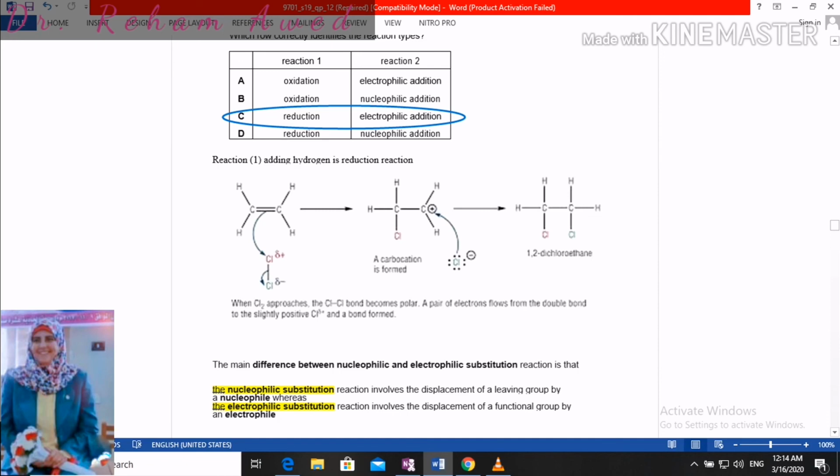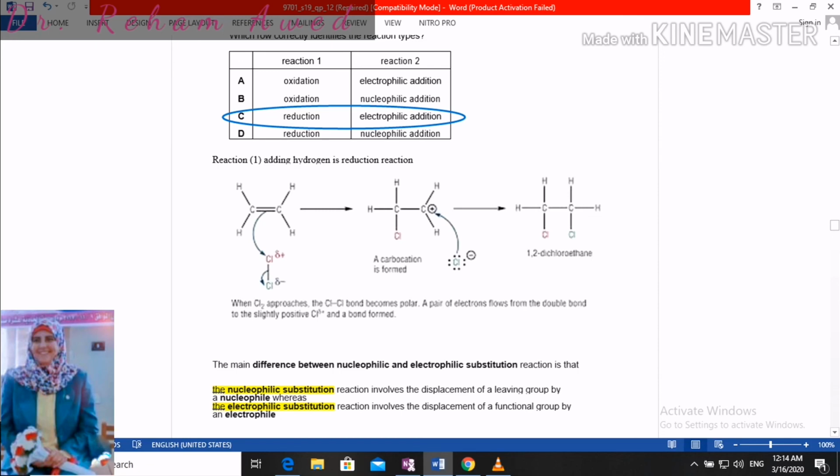In our reaction, chlorine is an electrophile, not a nucleophile. So we can say that electrophilic substitution involves the displacement of a functional group by an electrophile. In our reaction, chlorine lost one electron and converted into positively charged chlorine.